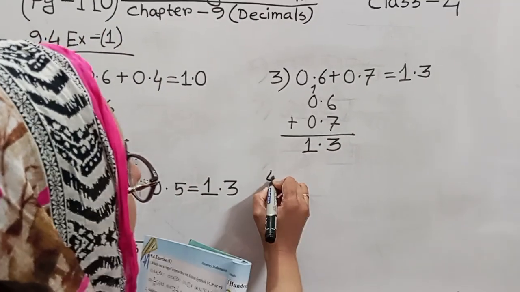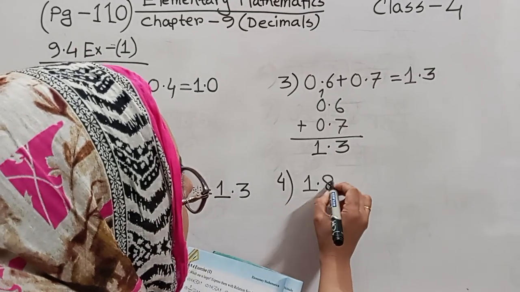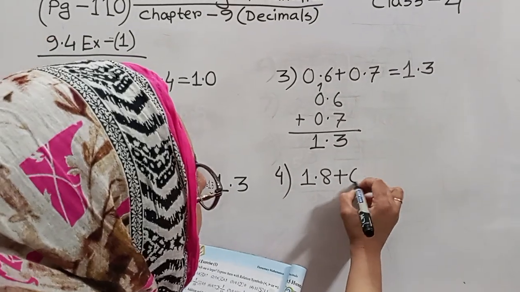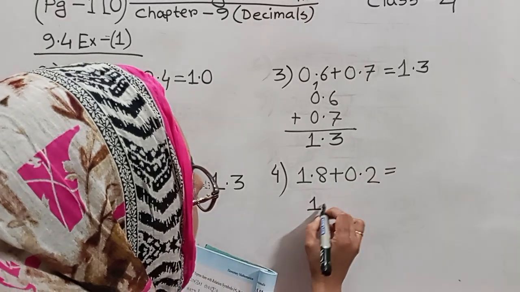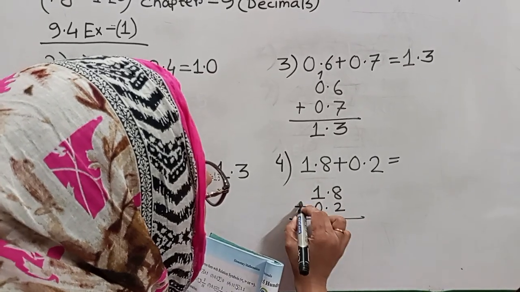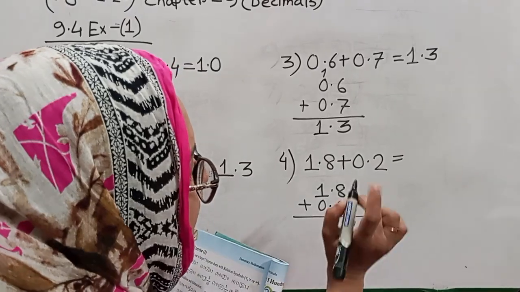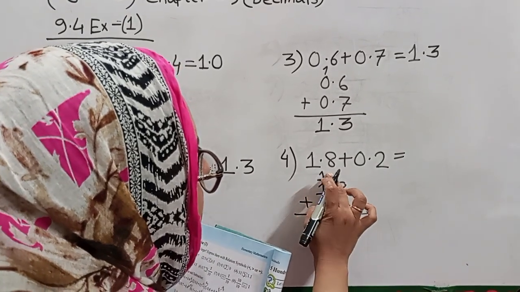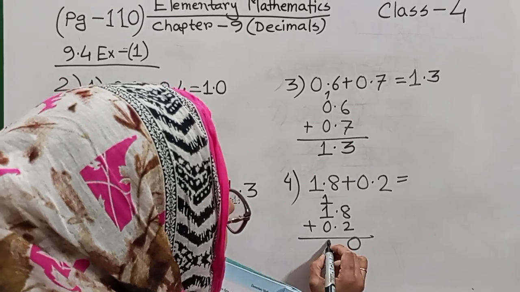Question number 4. 1.8 plus 0.2. So 1.8, 0.2. 8 plus 2, 10. 10, 0, in hand 1. 1 plus 1, 2. 2 plus 0, 2.